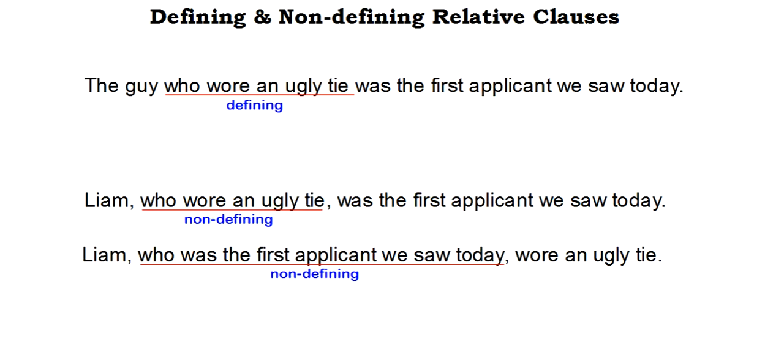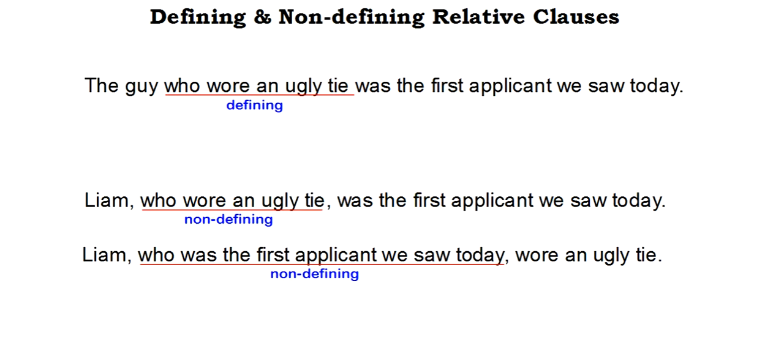Now, sometimes your students, or even lots of native speakers, think, well, how do I know when I make a sentence that contains a relative clause if it should be a defining or a non-defining? And really, it's up to you in most cases how you want to order the information. But certain sentences just sound better as non-defining or just sound better as defining.